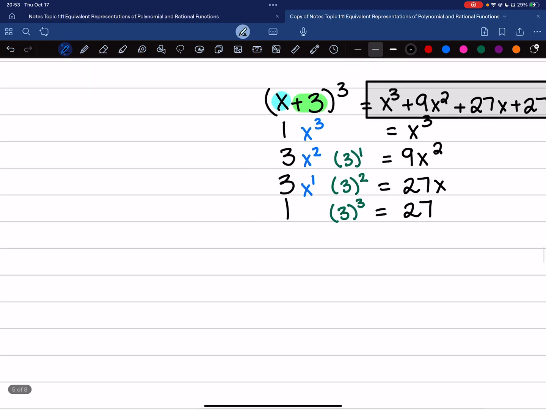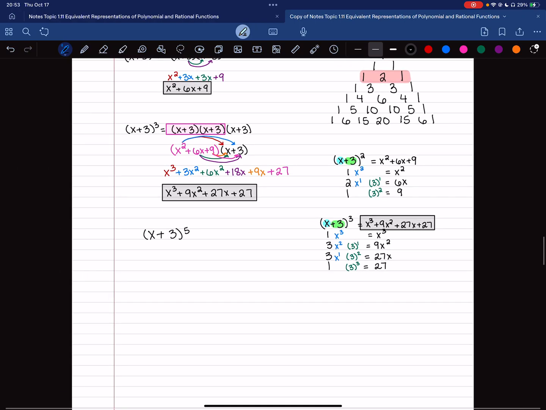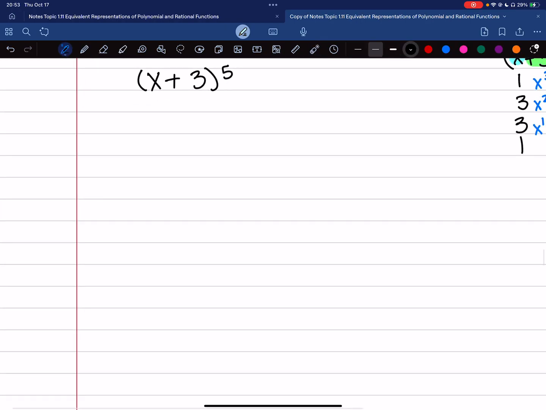Okay, so now let's use it with an exponent of 5. When my exponent is 5, we're going to use the row that has a 5 as the second number. So the coefficients we're going to use are 1, 5, 10, 10, 5, 1.